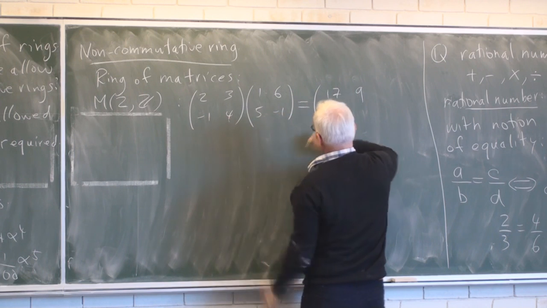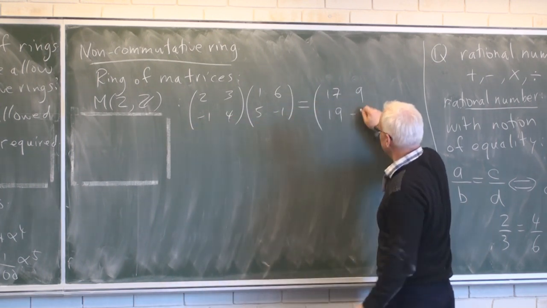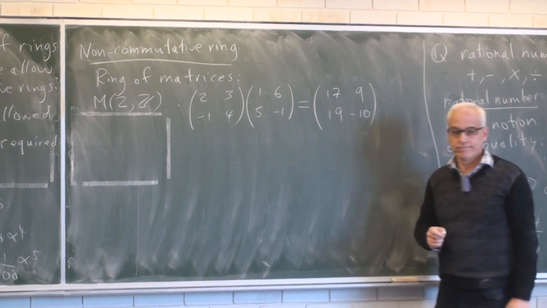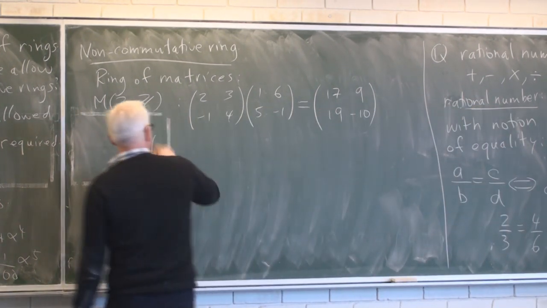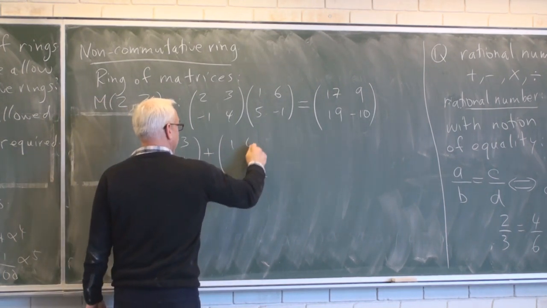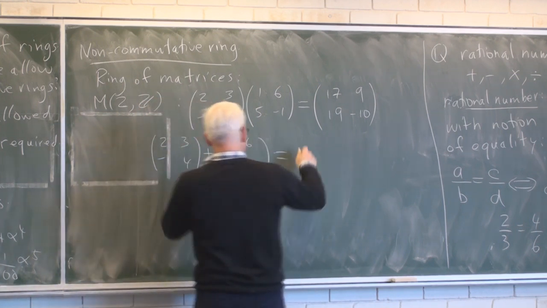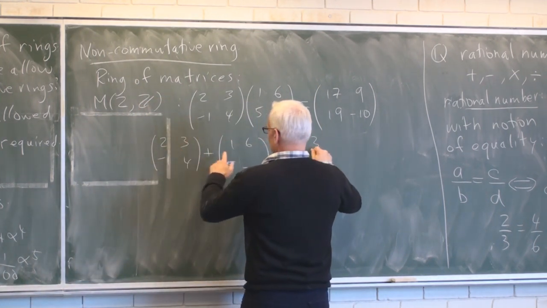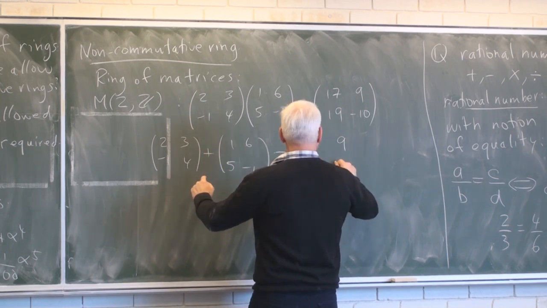Minus 1 plus 20 is 19, and minus 6 minus 4 will be minus 10. That's how we multiply matrices, and adding them, of course, is just point-wise. So 2, 3, minus 1, 4, plus 1, 6, 5, minus 1 is 3, 9, 4, 3.